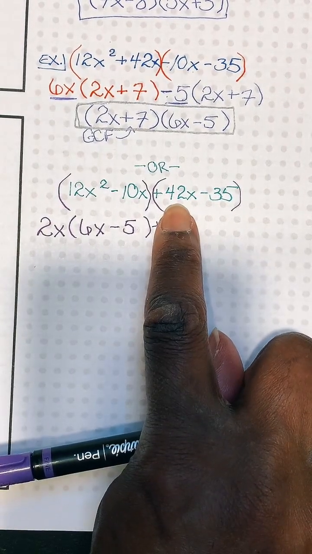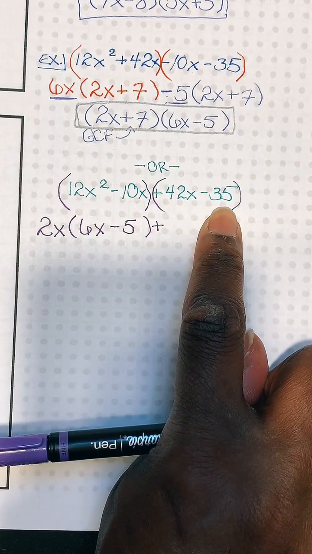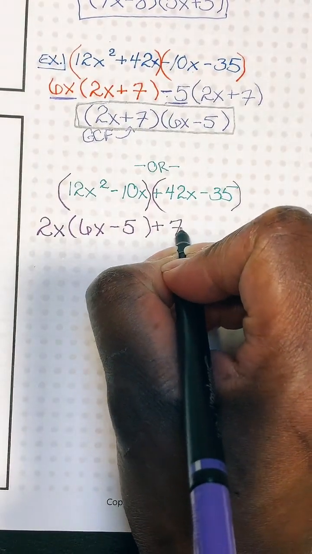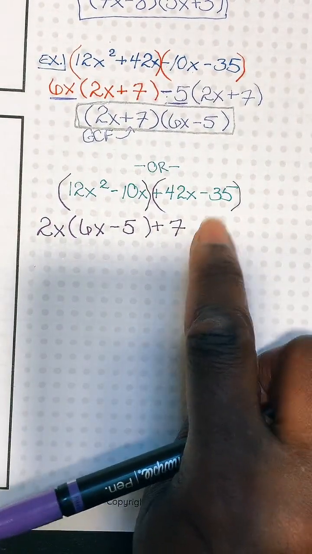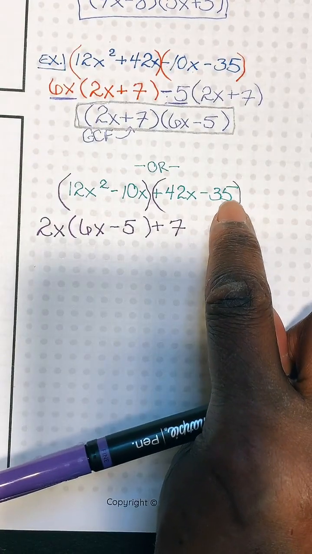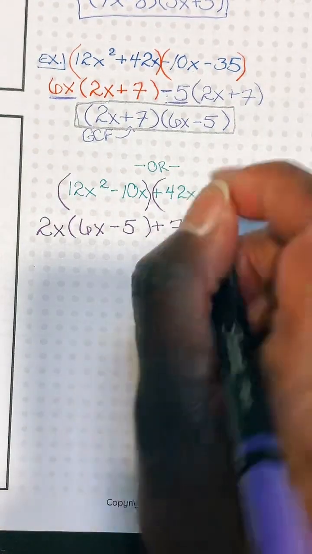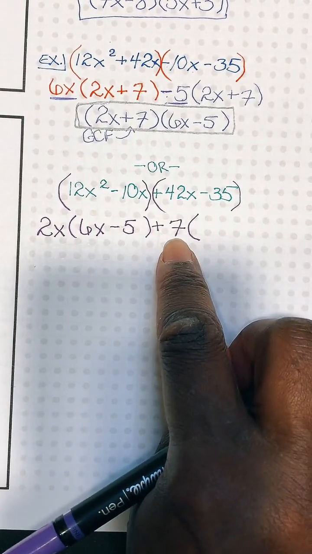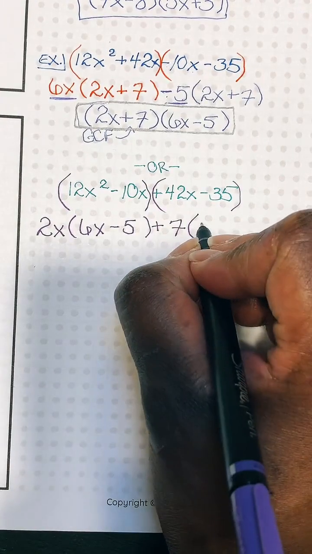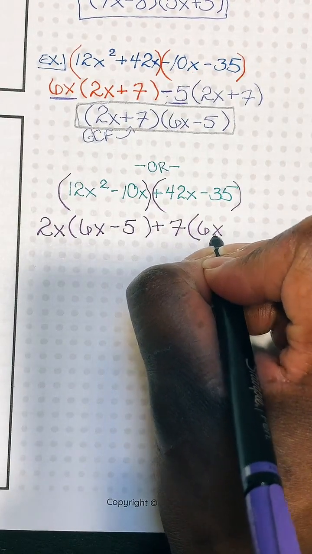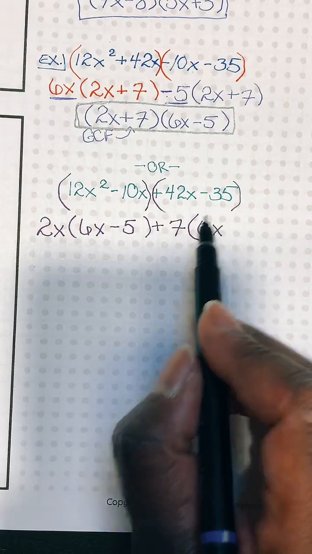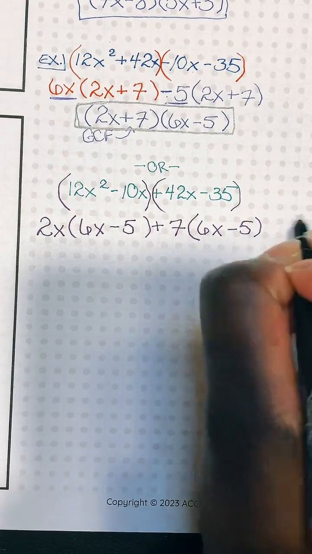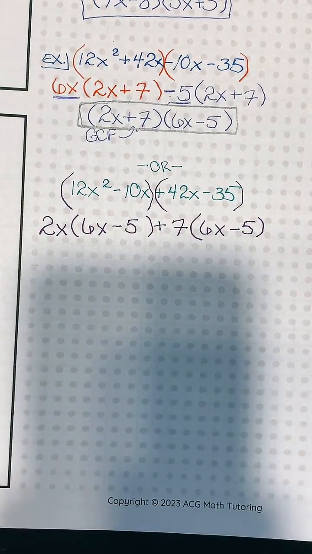So 42 and 35, what do they have in common? They have a 7 in common. Not a 7x, just a 7, because the 35 doesn't have an x. So when I come here, I got 42 divided by 7, so that gives me my 6x. Negative 35 divided by 7, that gives me a negative 5. What do you notice?